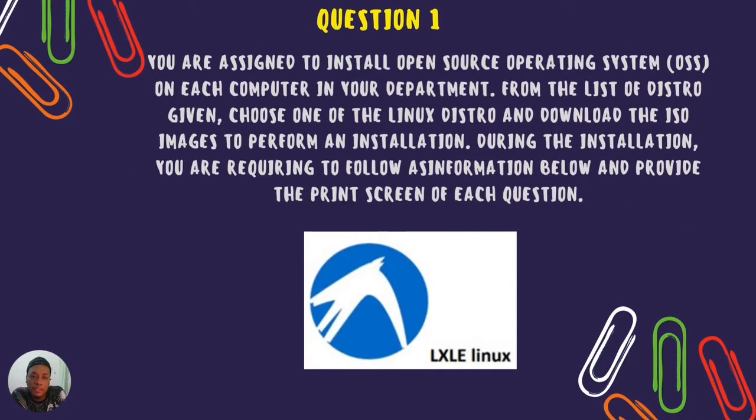I'm Asfar. I will continue with question 1. For question 1, you are asked to install an open source operating system (OSS) on each computer in your department. From the list of desktop distros, choose one of the Linux distros, download the ISO image and perform the installation.